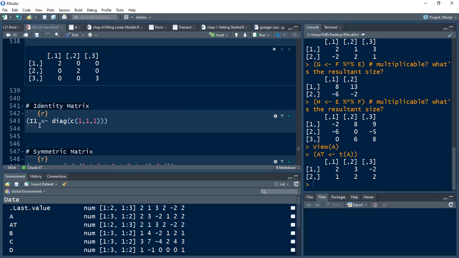We learned when we discussed this in Excel that I1 is an identity matrix with a square matrix, with just one element, with one diagonal. So how do we write this? So using the diag function, it will give us the diagonals.